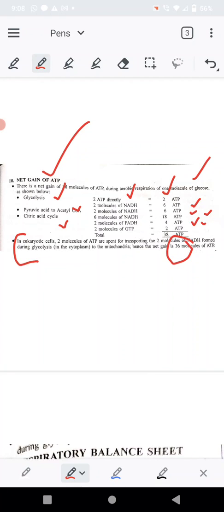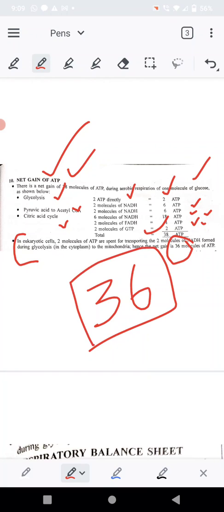So we subtract 2 ATP molecules from this 38 total, and we have got 36. So I can say that the net gain of ATP from the complete oxidation of the glucose during the respiration is 36 molecules of ATP.